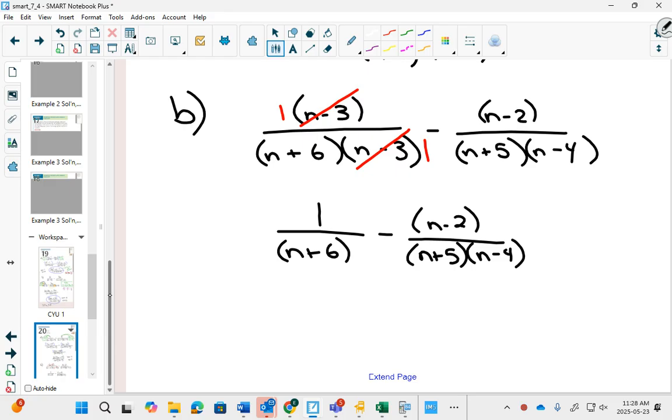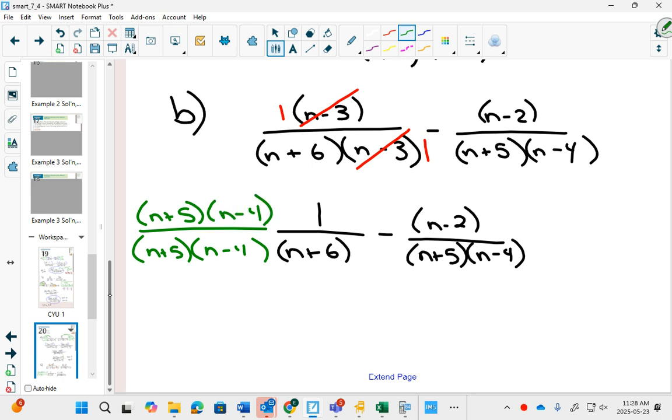Okay, nothing else simplifies, but now when I look at this, if I want to subtract fractions, I need a common denominator. You see this first one is missing 2 things. You would need to do the n plus 5 and the n minus 4. And the second one's only missing 1 thing. N plus 6 over n plus 6.